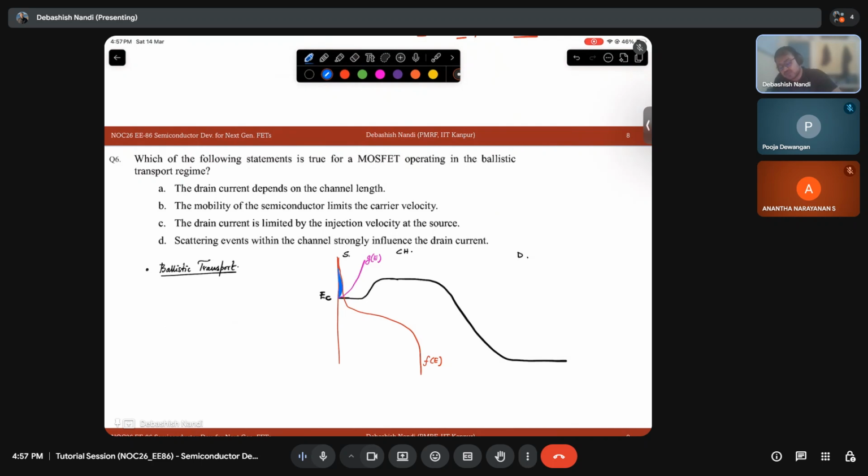So moral of the story is many electrons are above the energy barrier and many are under the energy barrier, right? So some electrons are here, some are here.